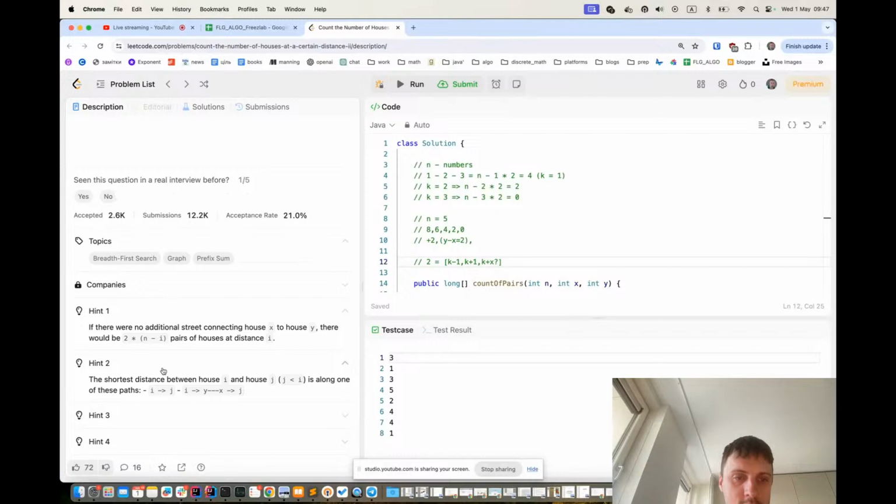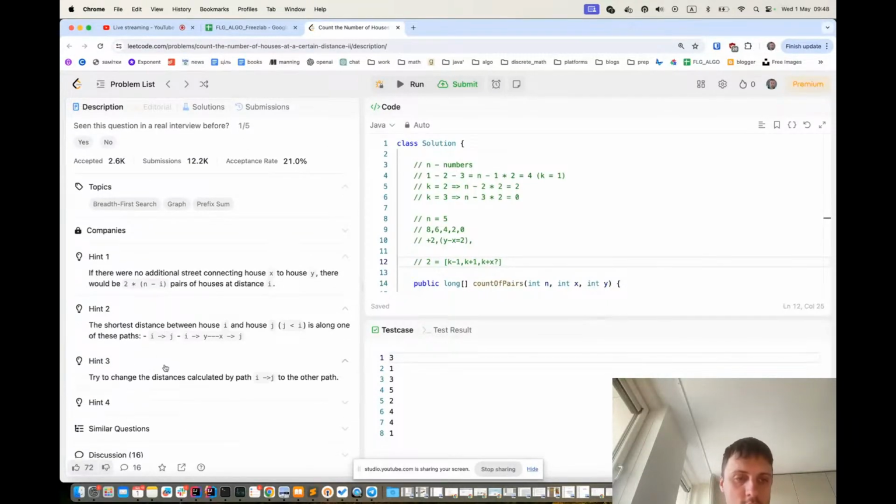The hint says: the shortest distance between house i and house j, where j is less than i, is along one of these paths: i to j, or i to x, y, x to j.